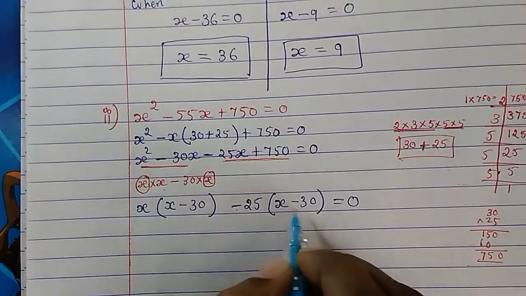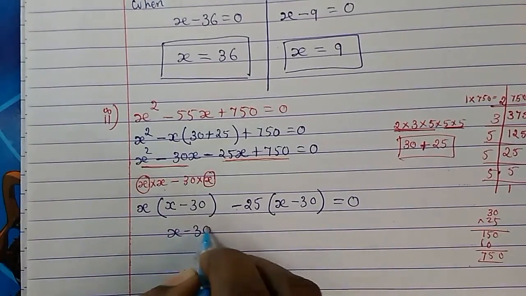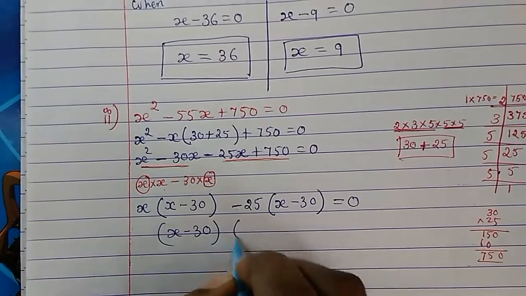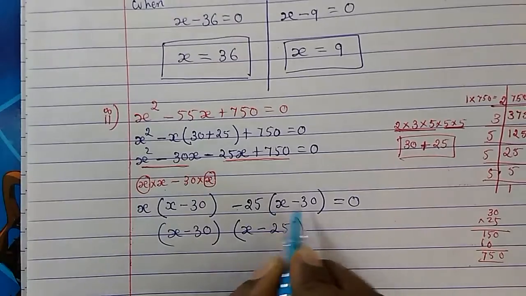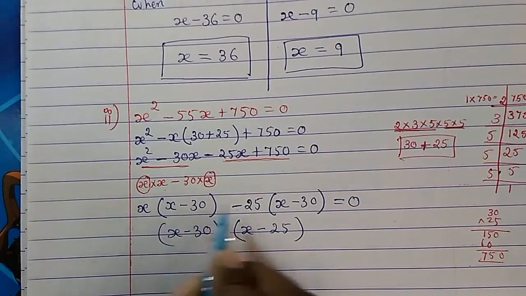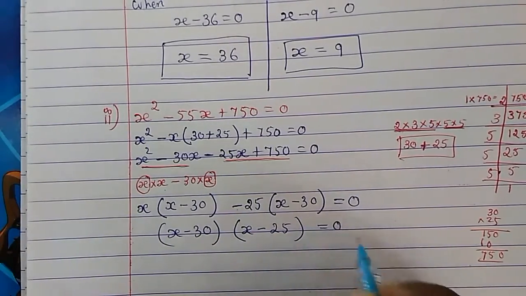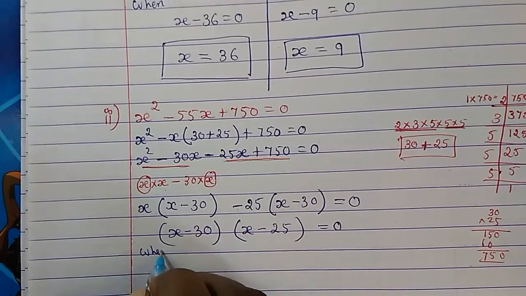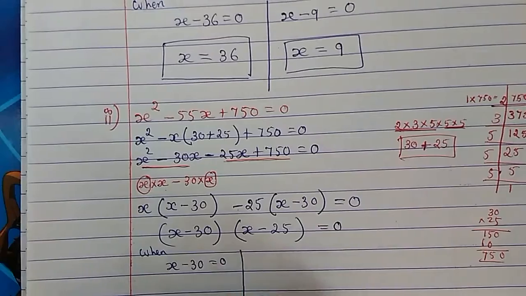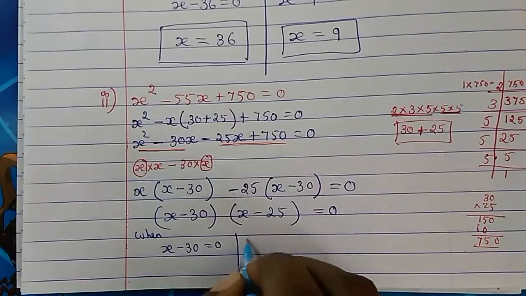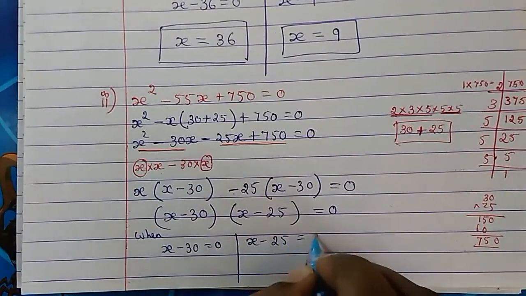So now what is in bracket, the common, we will write down as it is. And here what is left is x, and here 25 is left. So one time we write the common, and the remaining one we will write in another bracket. So now let's solve this. When x minus 30 is equal to 0, and here x minus 25 equal to 0.